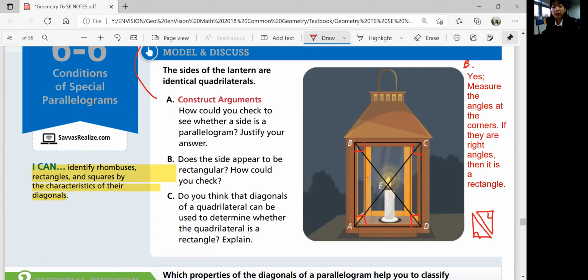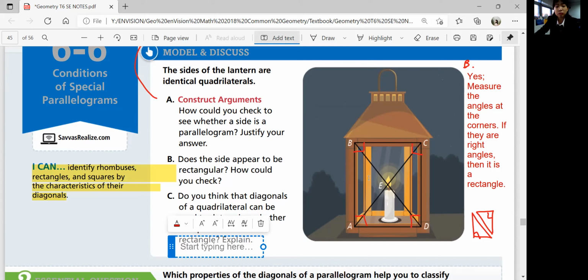Or you can use the Pythagorean theorem to verify right triangles, and then you can show that the lantern sides are rectangles. And we also learned that if the diagonals are congruent, then it's a rectangle.